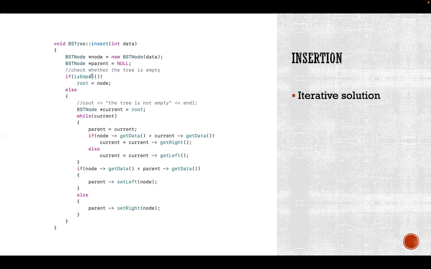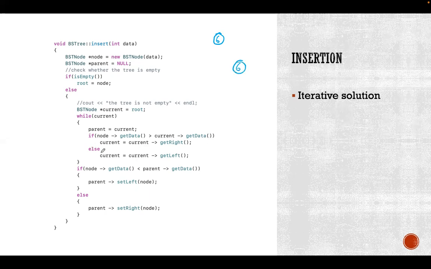If it is empty and we want to insert a node, we insert the node as the root node. For example, if you want to insert 6 and you have a completely empty tree, no node yet, we insert 6 as the root node.